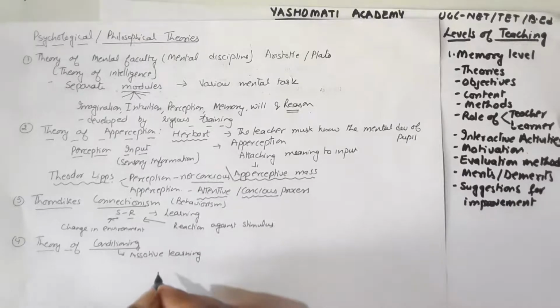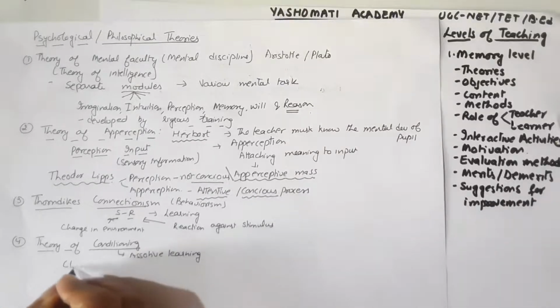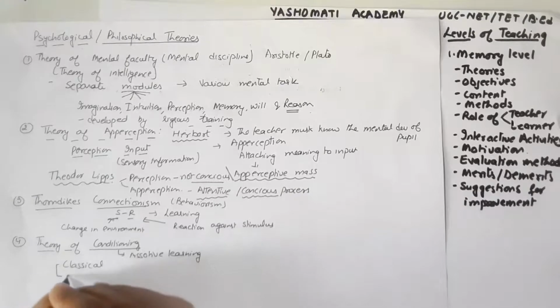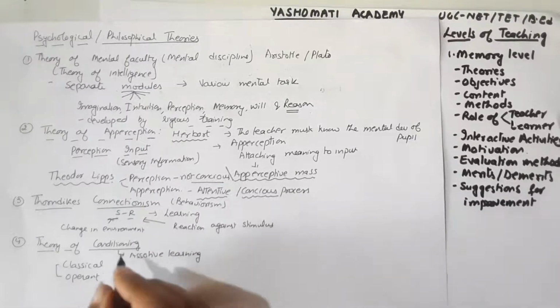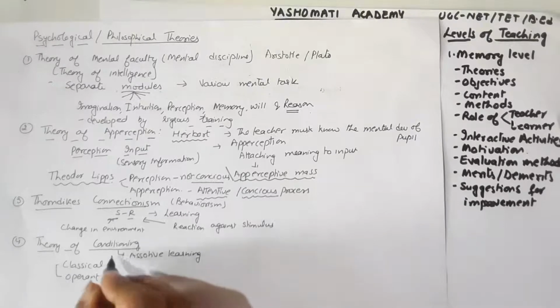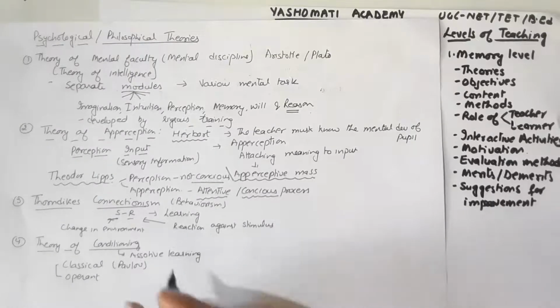There are two theories or two psychologists whose work is considered as theory of conditioning. One is called classical conditioning and the second is called operant conditioning theory. Classical conditioning theory was given by Pavlov, and it is also called the Pavlovian theory of conditioning.